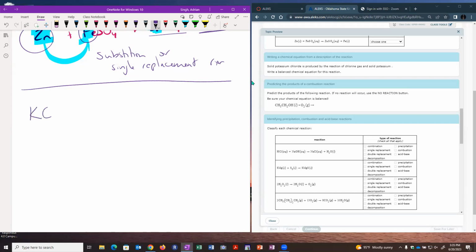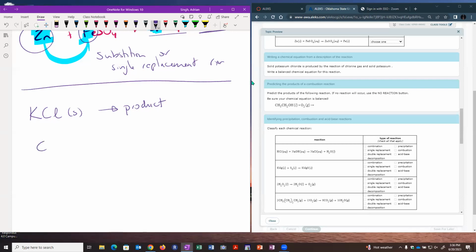So potassium chloride, we need to know the ions, that would be KCl, and it's a solid, so we need S as our state symbol. Is produced, so this is the product, so this goes on the right side, by the reaction of chlorine gas and solid potassium.